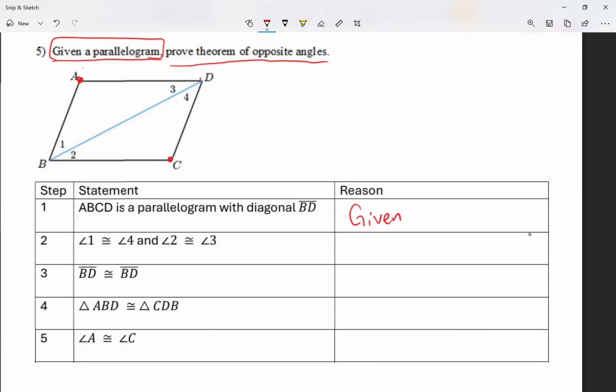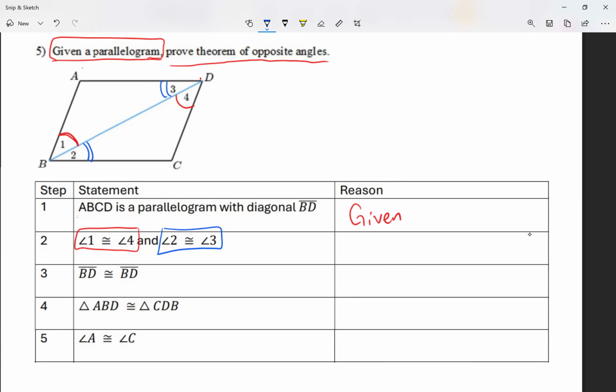And then I want to say that angle 1 is congruent to angle 4. Interesting. I'm saying that angle 1 and angle 4 are the same thing. And angle 2 is congruent to angle 3. So I look at angle 2 here and angle 3 here, and I ask, why is angle 1 equal to angle 4 and angle 2 equal to angle 3?